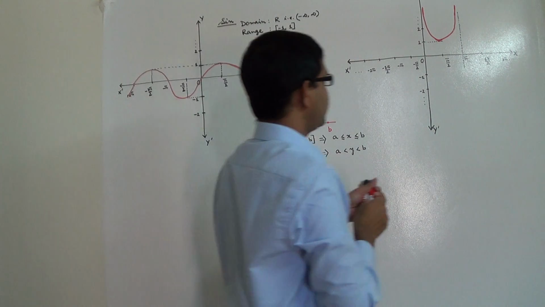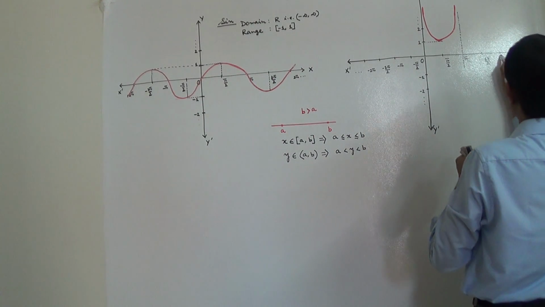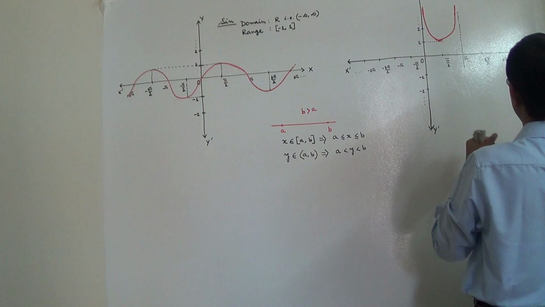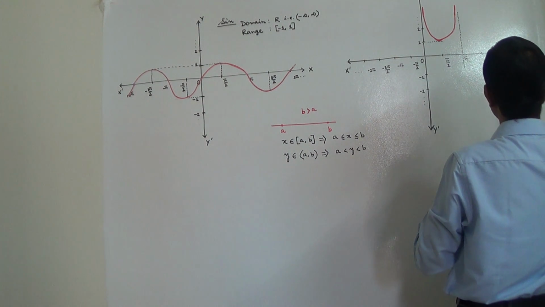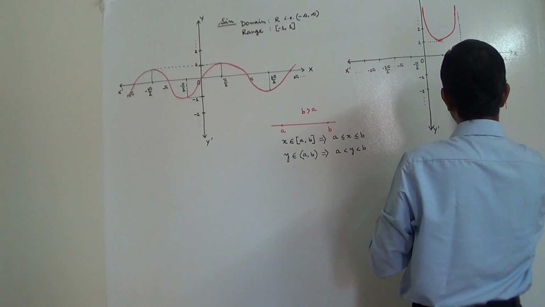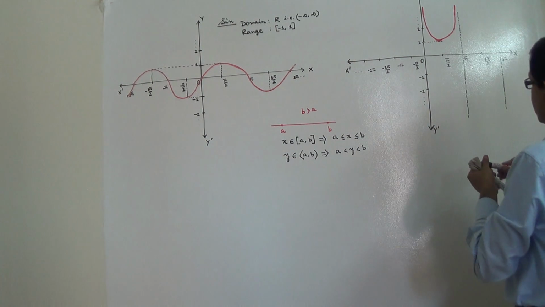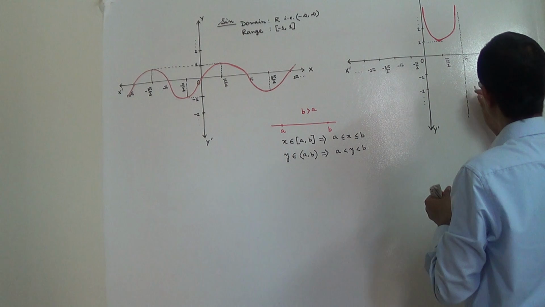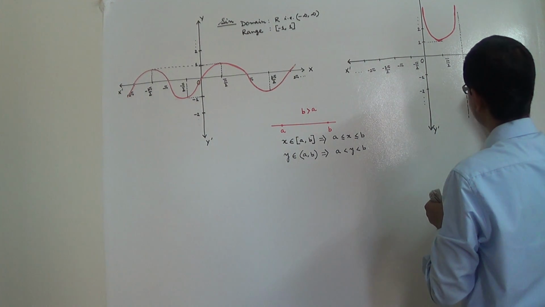So if we draw it here, how will it be? For pi by 2, we will draw the line. This line we will draw first, and then it will be like this.